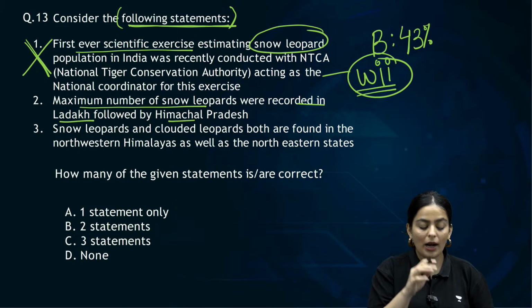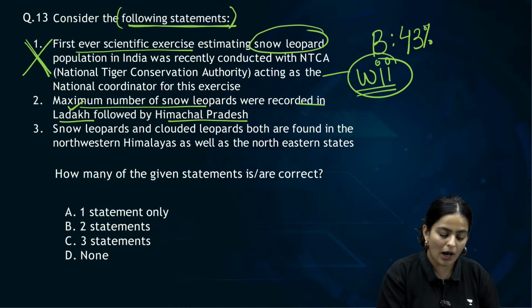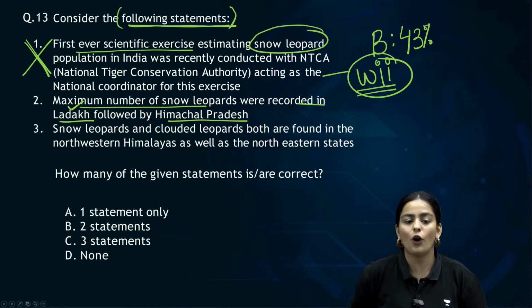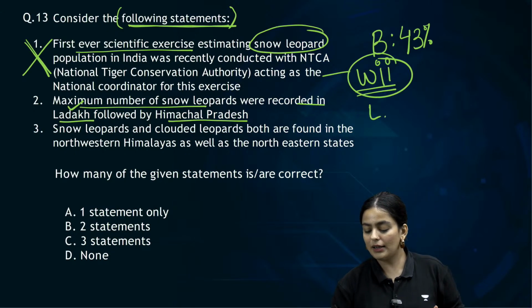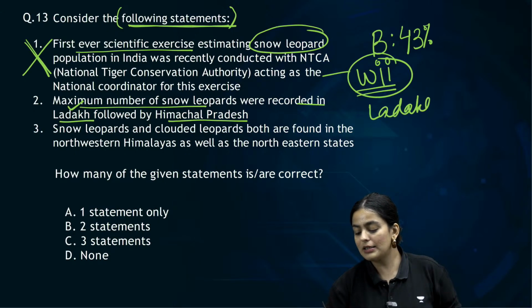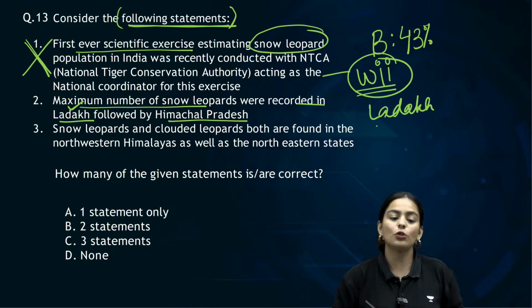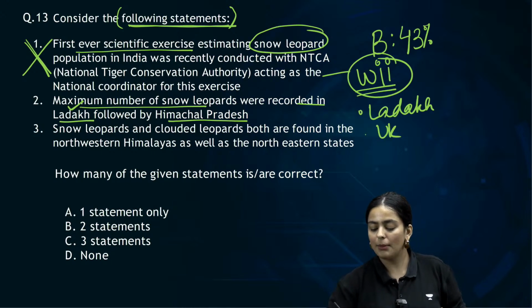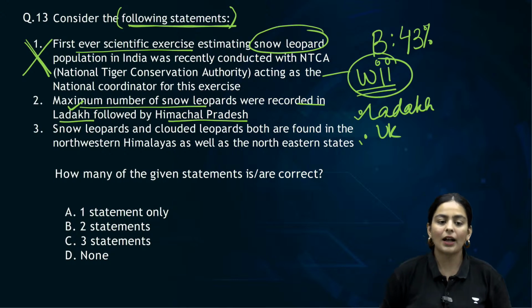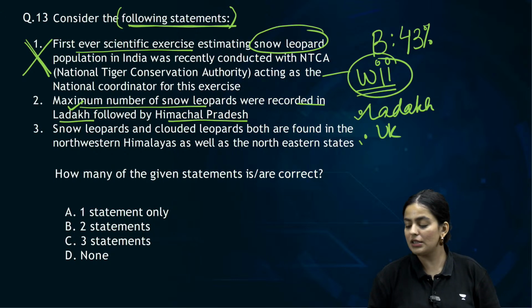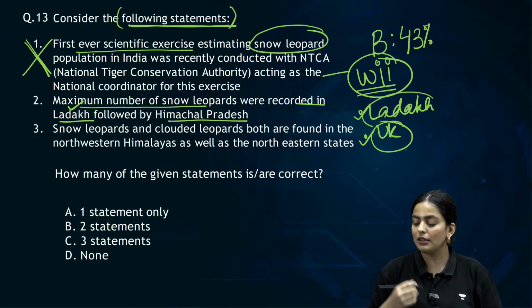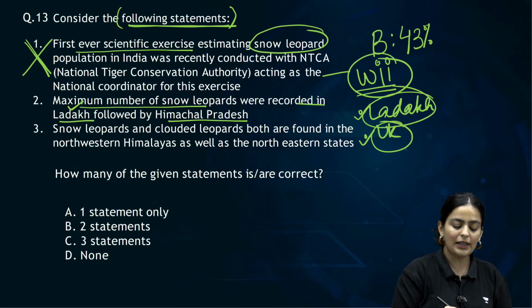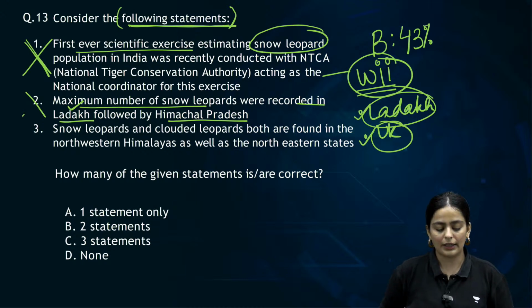Now the first part is correct, that the maximum are found in the Union Territory of Ladakh, but the second highest population is Uttarakhand and not Himachal Pradesh. Please understand that there is a difference. You must remember that it's first Ladakh and second Uttarakhand. Alright? So the second statement is also incorrect.